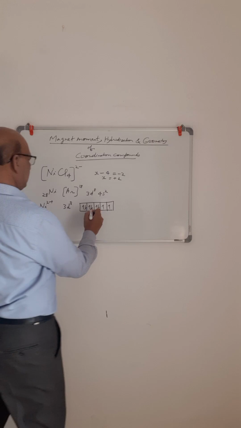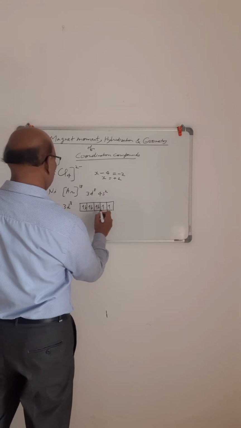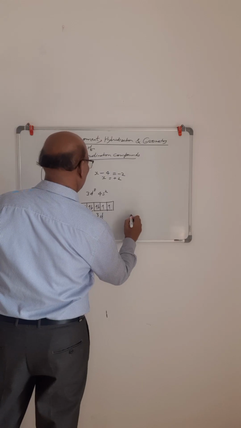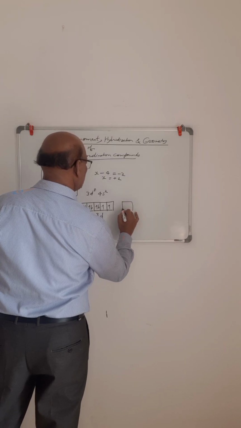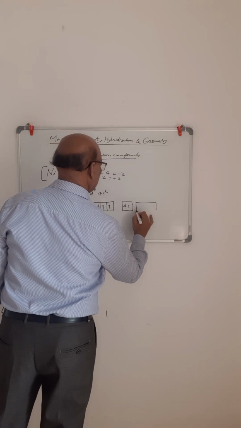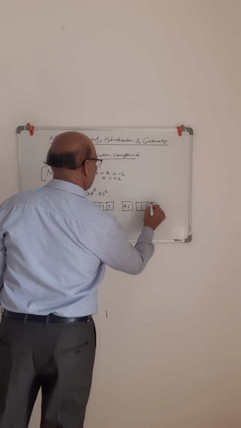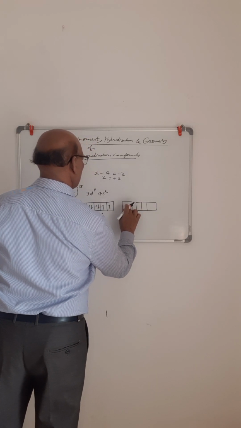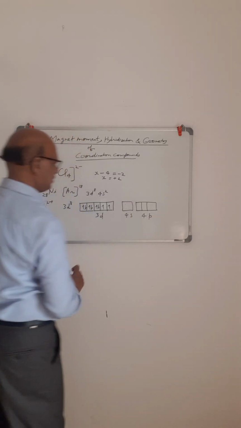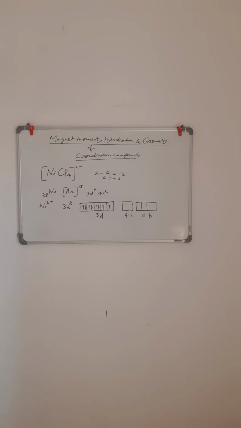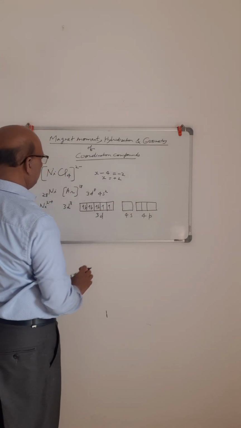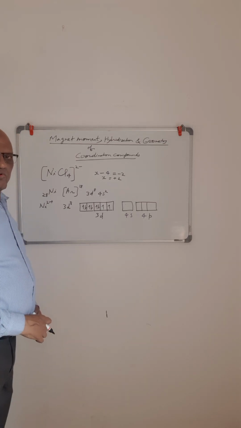Okay, and this nickel has 3d, then there will be 4s, and there are 3 empty orbitals of 4p, so this is 4s and this is 4p, they are empty orbitals. Now these ligands can utilize these empty orbitals for the coordinate bond.